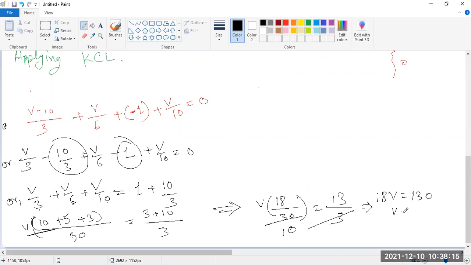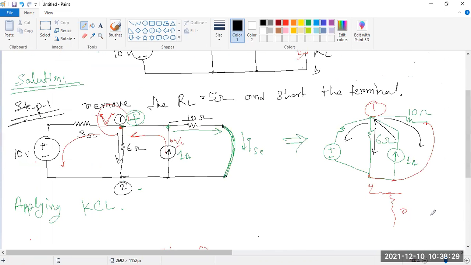So V equal to 130 divided by 18, it will come 7.22 volt. So node 1 has the 7.22 volt.